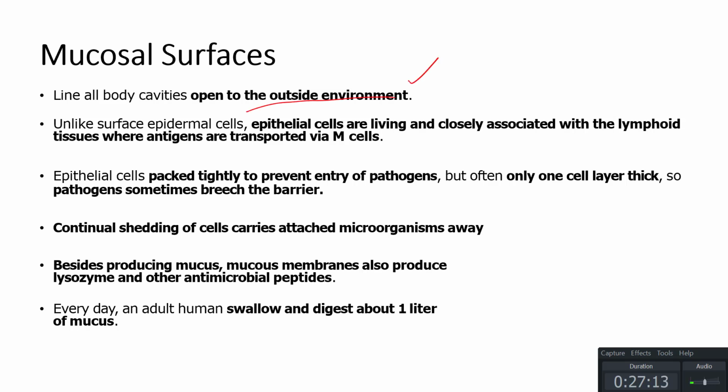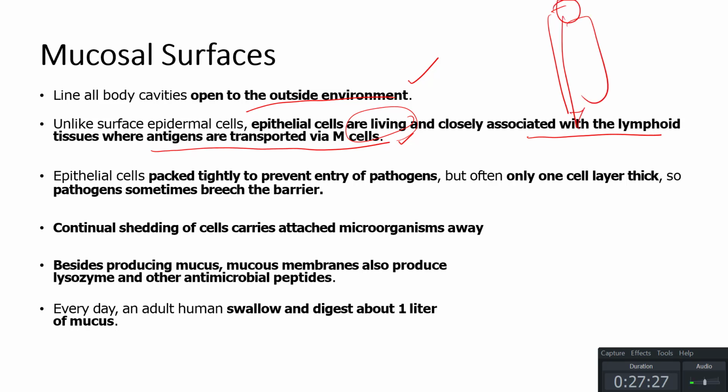Unlike the surface epidermal cells that we talked about in the skin, these epithelial cells are living, closely associated with the lymphoid tissues where antigens are transported via M cells. In M cells we have seen that transport mechanism: on one side it will be taken up, then on the other side it will be given. So that is related to the epithelial cells. Epithelial cells are also tightly packed to prevent the entry of the pathogens, and often only one cell layer thick.